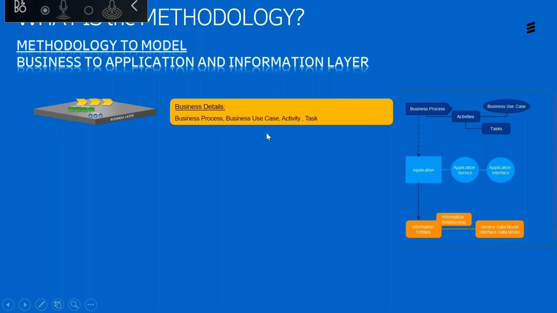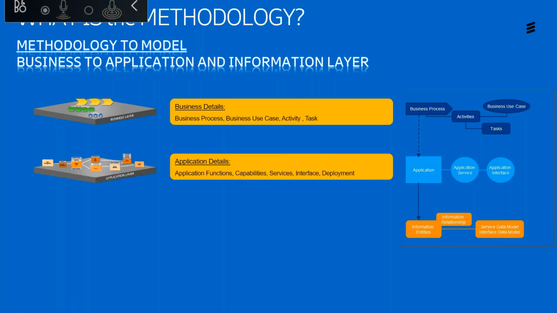Once we have this business layer, we also build an application layer. In the application layer, we expose the various functions we have in the portfolio, what capabilities we have, and all the service interfaces.